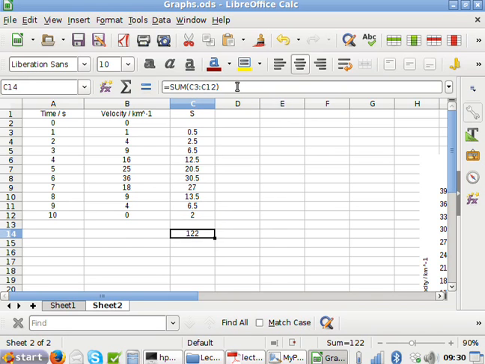Pretty close to Sophie. 134 meters. And the computer program can give us the answer exactly. Okay, so let's see what the computer says is the exact answer.